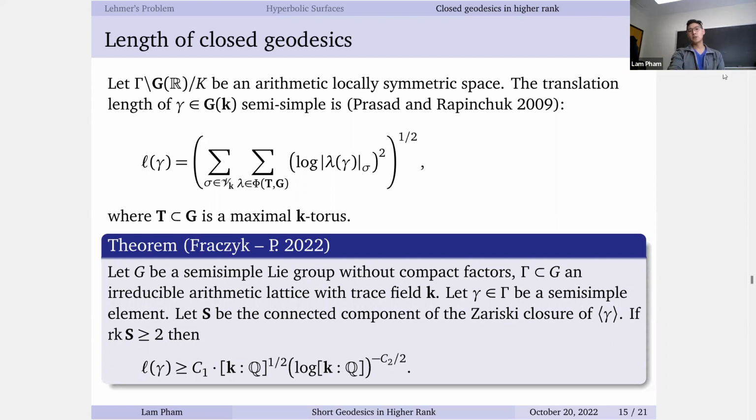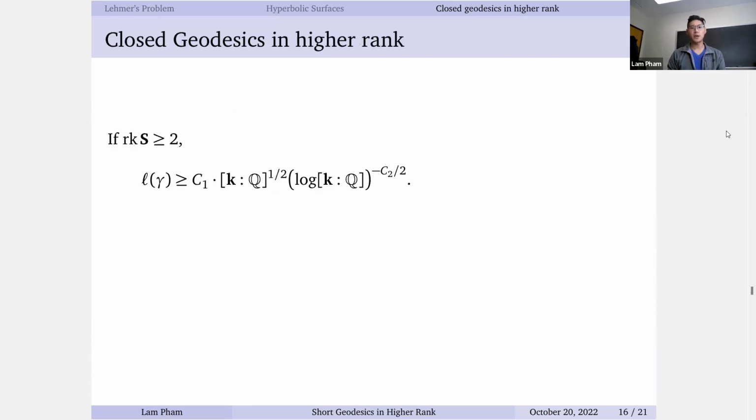Now, another thing you can notice is that the degree of K has to obviously go to infinity, because you're taking an infinite family of arithmetic lattices. Okay, so this is the lower bound that we have.